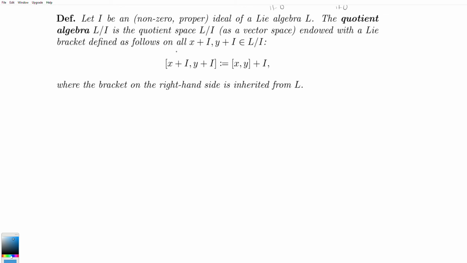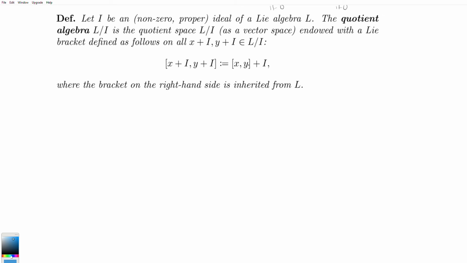Then the quotient algebra L mod I, or L quotient I, is the quotient space. L mod I is a vector space, so you should have studied this in linear algebra, endowed with a Lie bracket defined as follows. If you have some x plus I, an element in L mod I, and y plus I, an element in L mod I, then I'm just going to define the bracket of those two elements to just inherit the bracket from L.